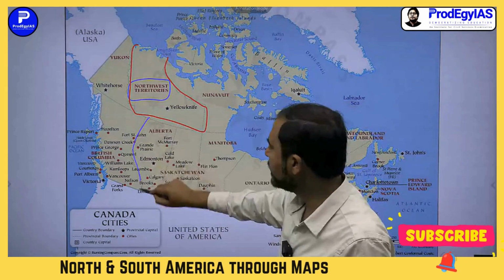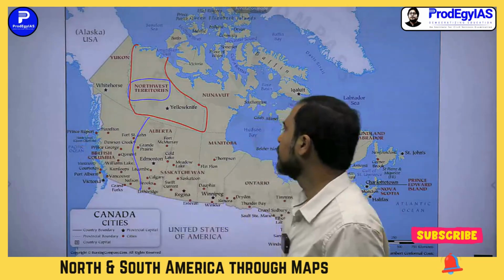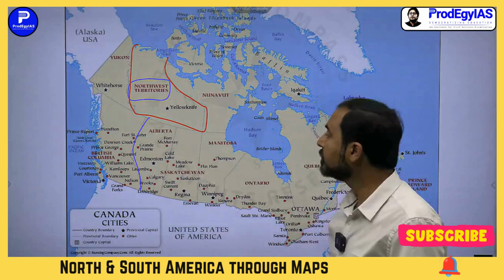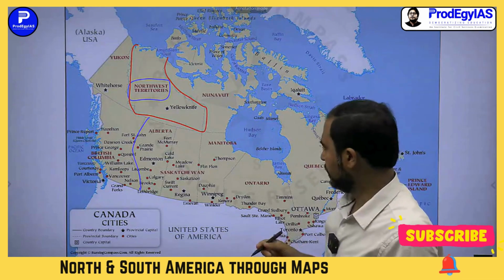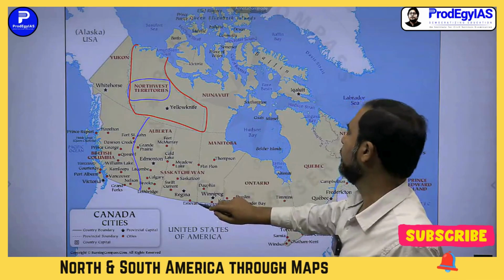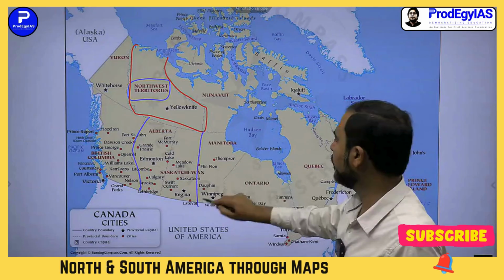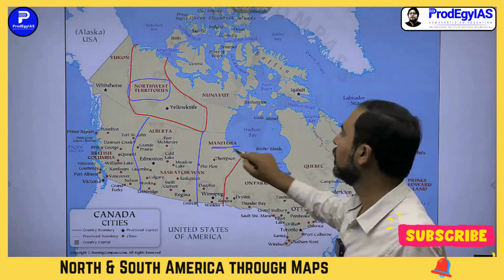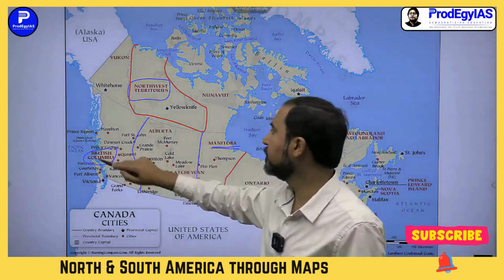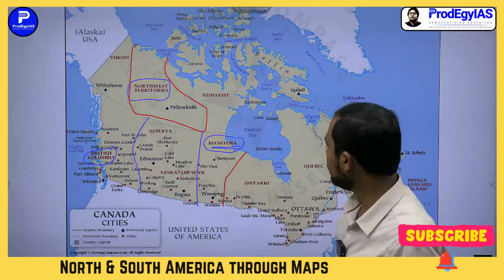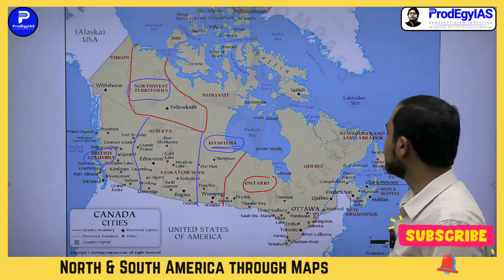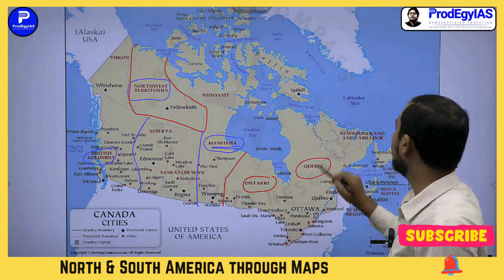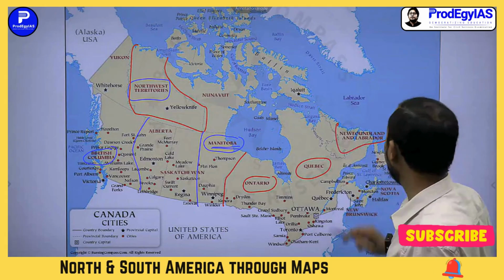Then this is British Columbia. Then this part is Manitoba. This is Ontario state. This is Quebec, and this is Newfoundland.